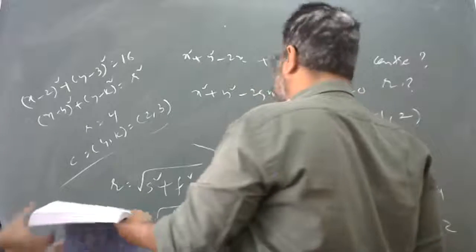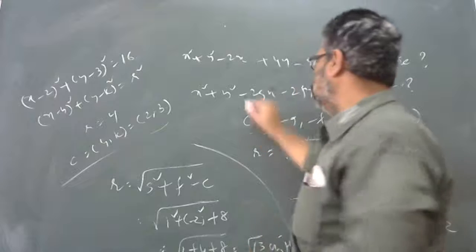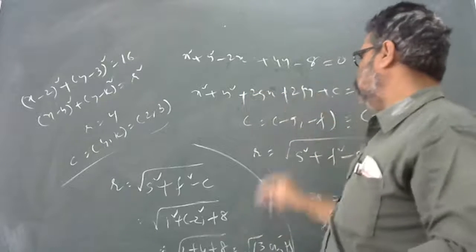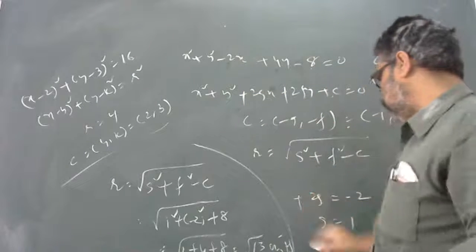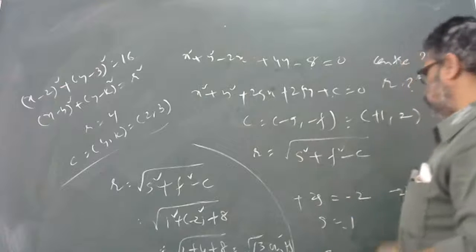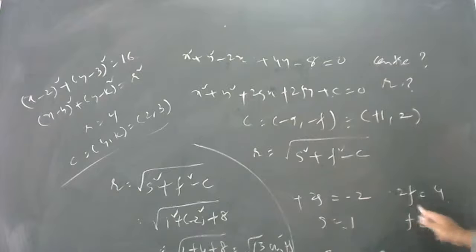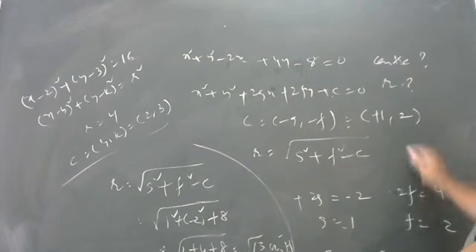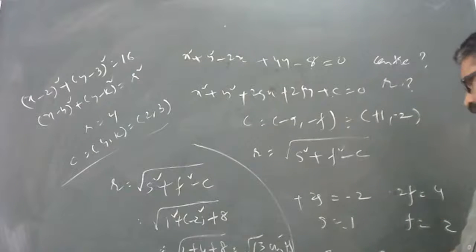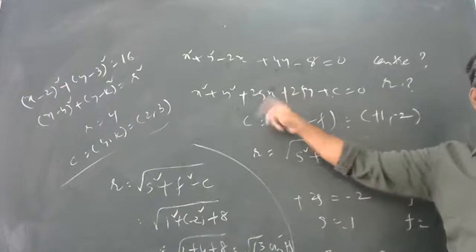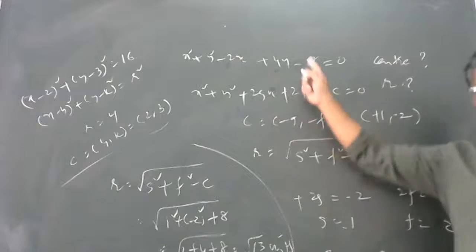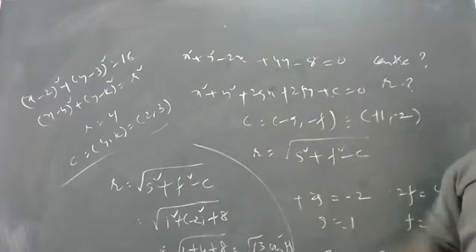So g will come minus 1 and center's first coordinate plus 1. I wrote minus 16 here, and 2f is equal to 4, f is equal to 2, and it will come minus 2. Center will be the same, radius will be the same. I wrote minus by mistake, that's why it came wrong. This is plus; comparison will be the same, only the formula came wrong.